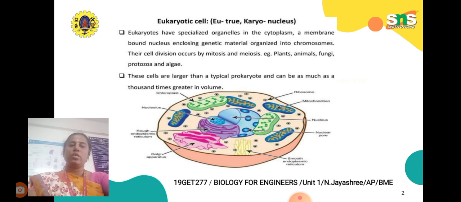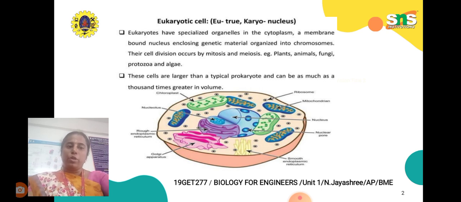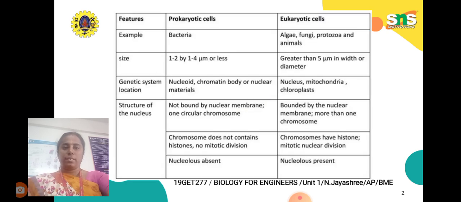These cells are larger than the typical prokaryotic cell and can be as much as 1,000 times greater in volume. In eukaryotic cells the nucleus is bounded, and after the nucleus the cytoplasm, ribosomes and mitochondria are present. The Golgi apparatus is also present in eukaryotic cells.